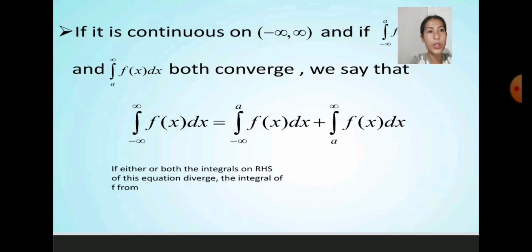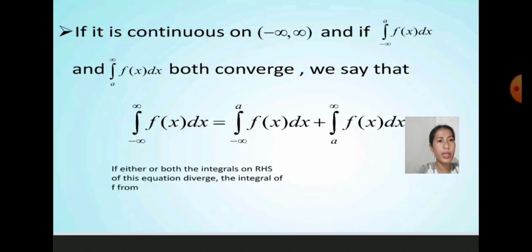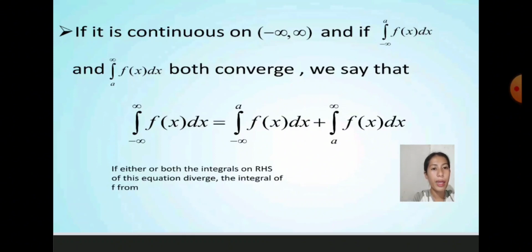If f is continuous on (negative infinity, infinity) and the integral of f(x) dx from negative infinity to a and the integral of f(x) dx from a to infinity both converge, we say that the integral of f(x) dx from negative infinity to infinity is equal to the integral from negative infinity to a plus the integral from a to infinity.